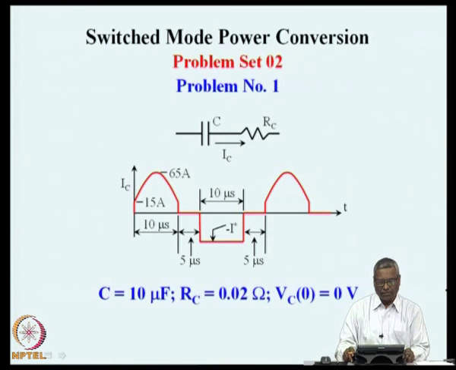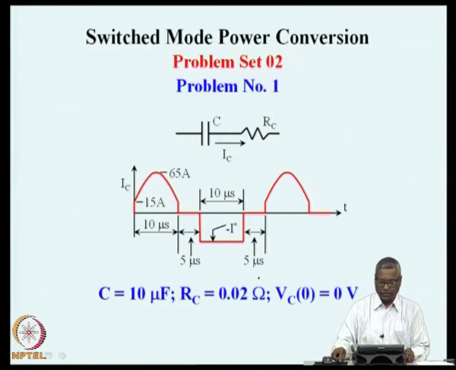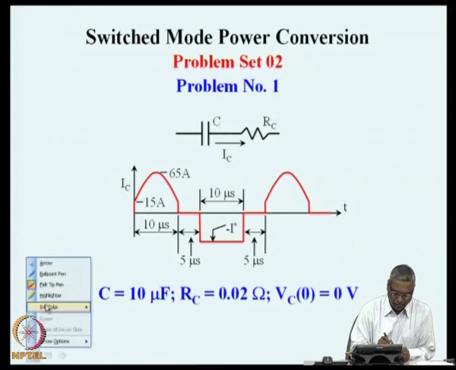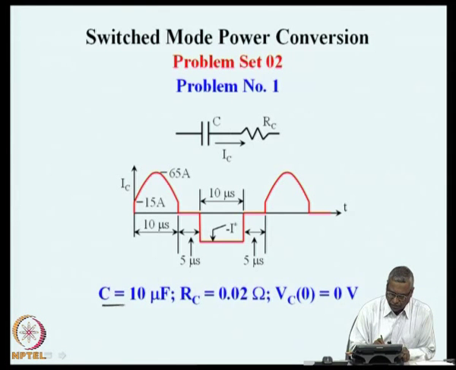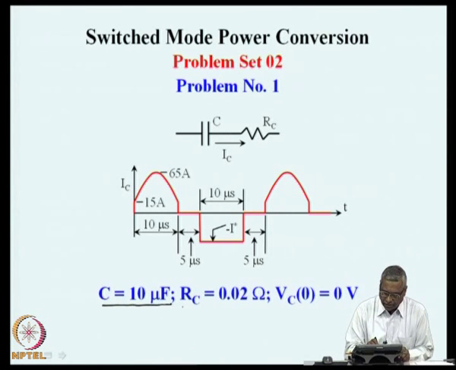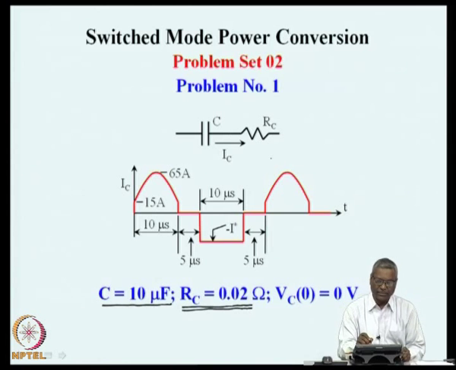In this particular example, we have a capacitor whose value is 10 microfarad, but it also has a parasitic resistance of 0.2 ohm, which is in series with the device as shown here.